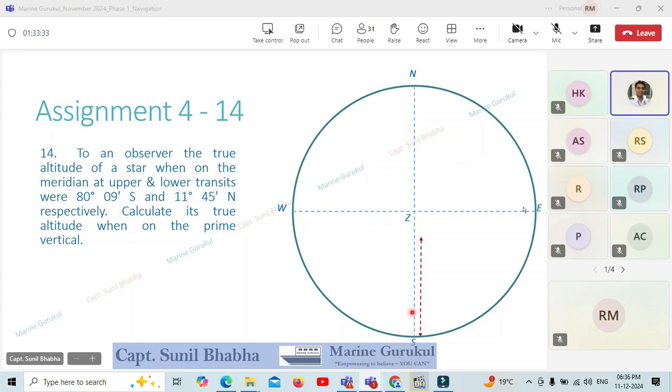From S, 80 degrees 9 minutes away is where the star is. And the star is at northerly bearing with an altitude of 1145. Northerly bearing is represented by line ZN. So on this line ZN, from point N, which is the horizon, we come up 11 degrees 45 minutes. This is where the star is. So the same star is observed at upper and lower transits in these two locations.